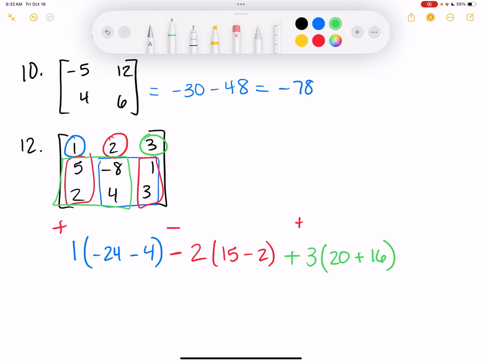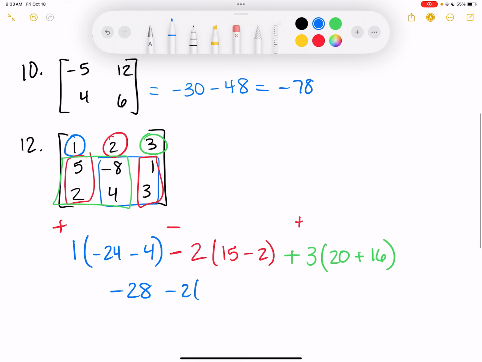So this becomes just negative 28, then minus 2 times 13, plus 3 times 36. So negative 28 minus 26 plus 108. And 54.